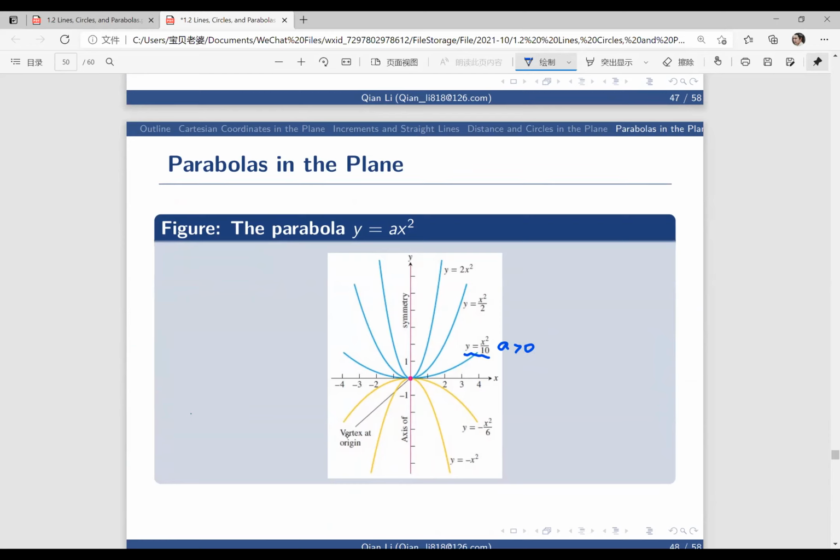So this parabola opens upward, and this one also has a larger than 0, so it opens upward too. And then let's see the yellow parabola. Let's say this a is equal to -1/6, so a is smaller than 0. So this parabola opens downward, right?